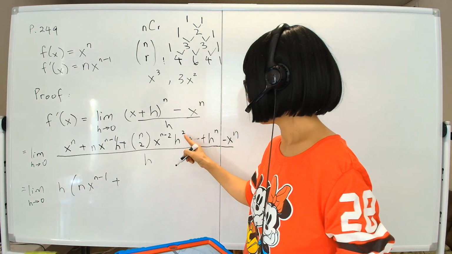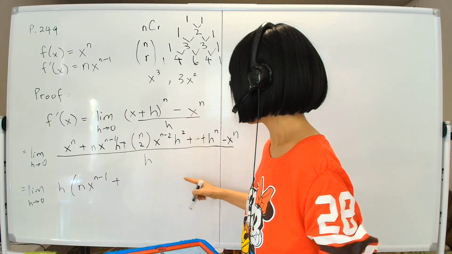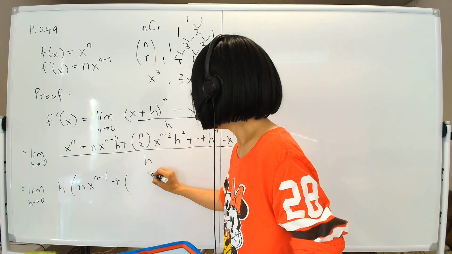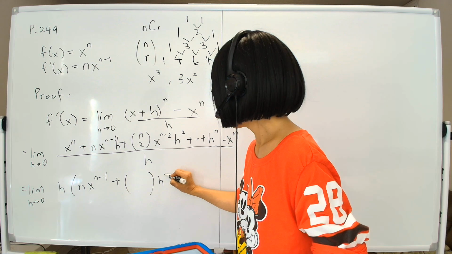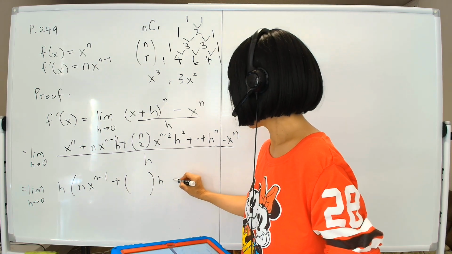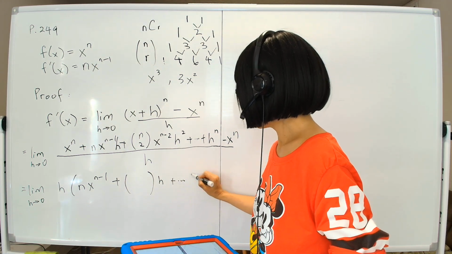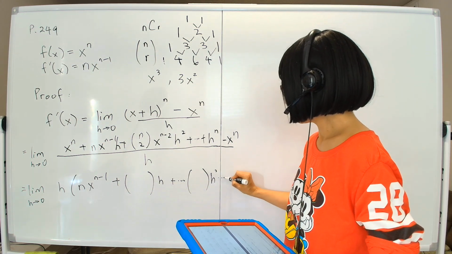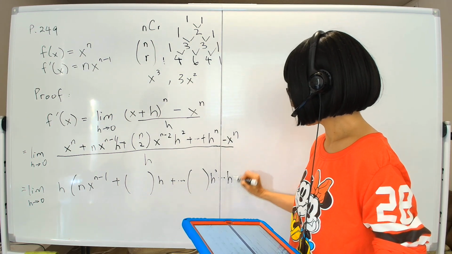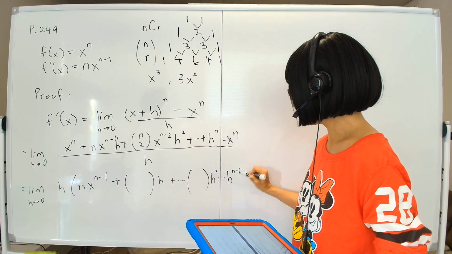So you will have 1 less h in all the rest of the stuff. So the next one will be a pile of stuff with h, just h. And the next one will be a pile of stuff with h squared all the way to h to the n minus 1, because everything lost 1 h.